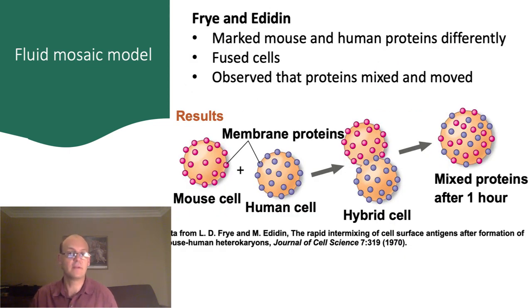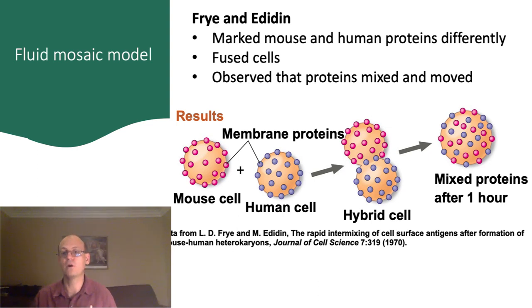Some nice experimental evidence for the fluid mosaic model came from a study by Frye and Edidin. In their study, they marked proteins differently on mouse cells and human cells. They then made a hybrid cell by fusing together the mouse and human cells. Shortly after creating this hybrid cell, they were able to observe that the proteins on the surface of the cell had become evenly distributed around that final cell.